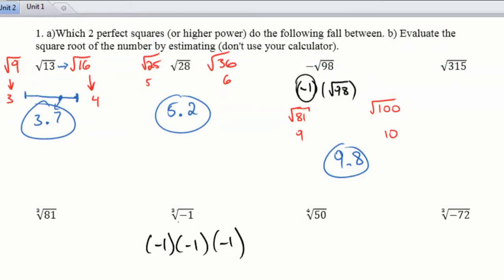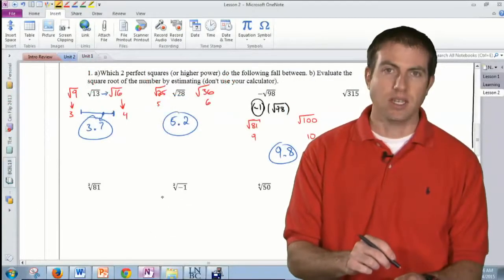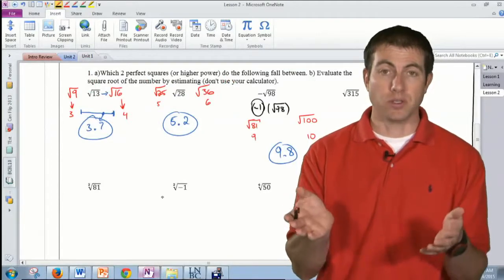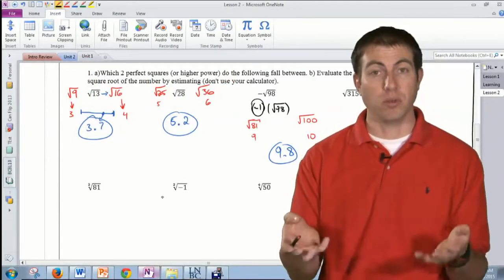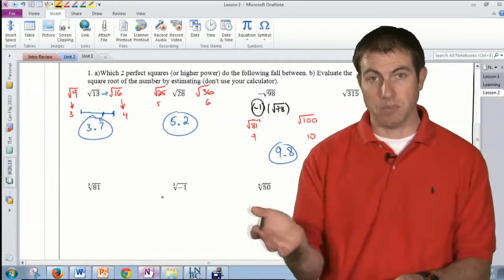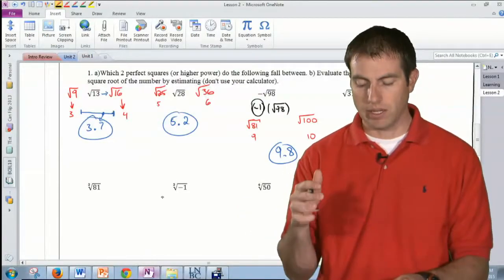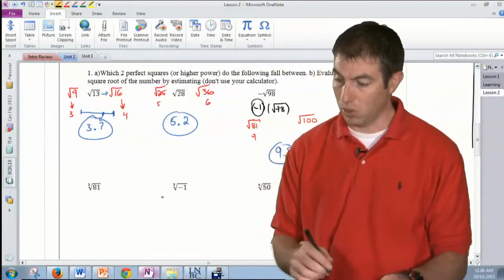So we can take the cube root of a negative, but we can't take the square root of a negative, because with a square root, they have to be the same. But with a cube root, they can be negative, because there are 3 of them. We'll get into it a little bit more in depth later.